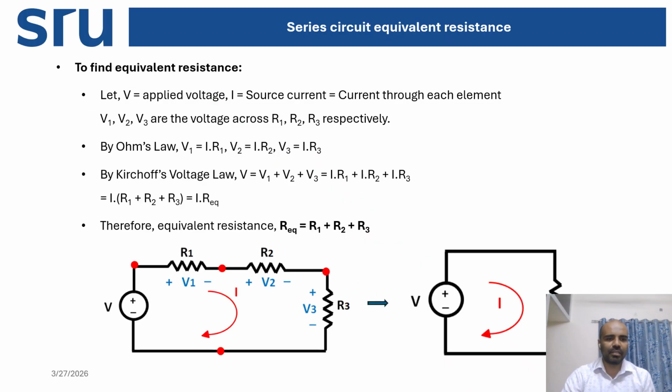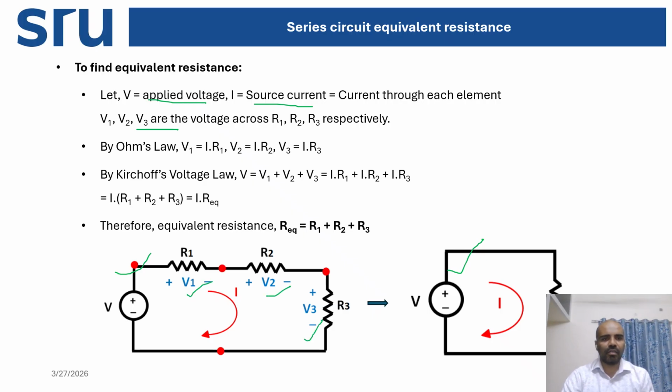Here this is the circuit diagram and this is the equivalent circuit. V is the voltage applied to this circuit and I is the source current, or the current through each element. R1, R2, R3 are the three resistors, and V1, V2 and V3 are the voltages across R1, R2 and R3.